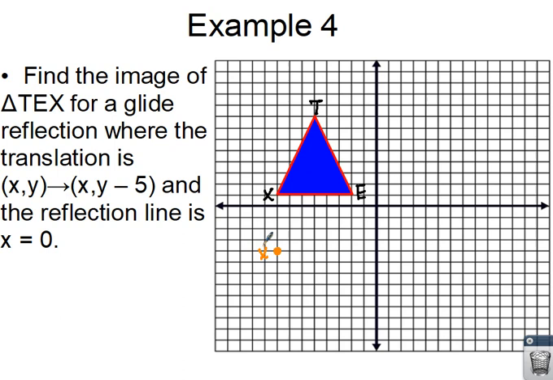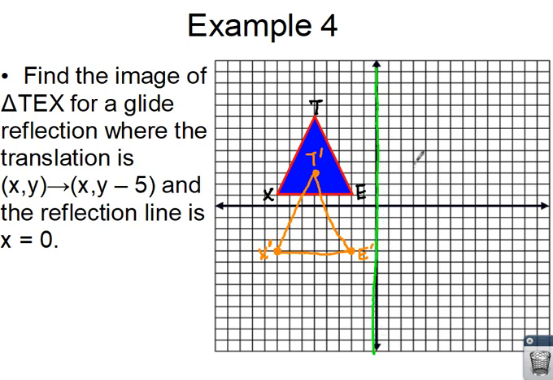There's X. And then here's E. And then T comes 1, 2, 3, 4, 5 right here. And then the reflection line is x equals 0.